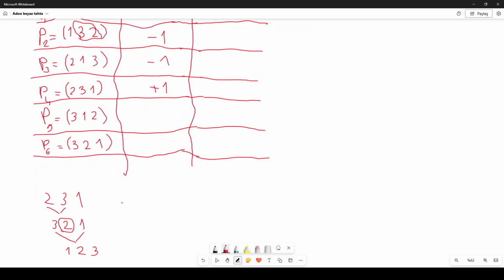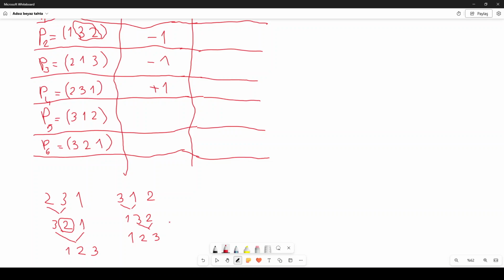Okay, how about P5? We have 3, 1, 2. And again, all the positions are different. Let's interchange the first and second one. So now we have 1, 3, 2. But it still doesn't have the natural ordering. What I need to do is just interchange 2 and 3. So now I have 1, 2, 3. Again, it takes 2 steps to restore the original naturally ordered one.